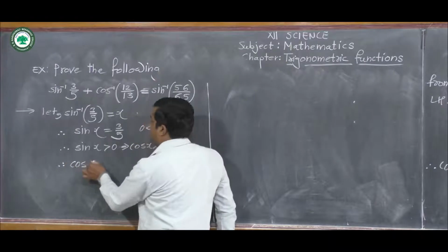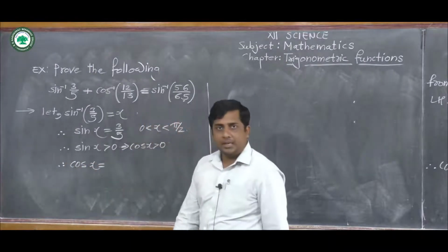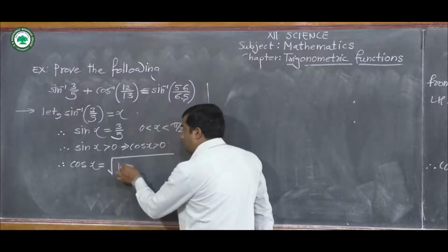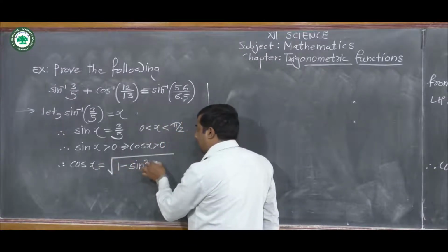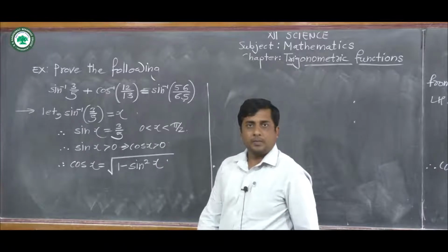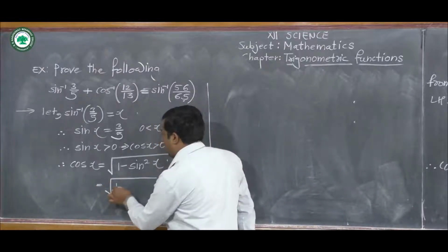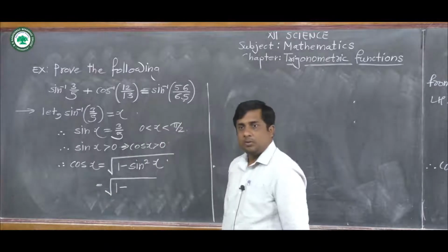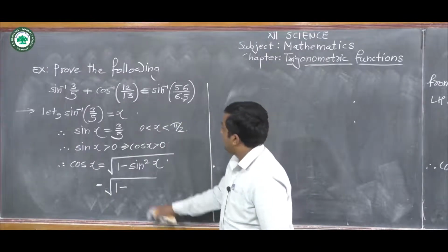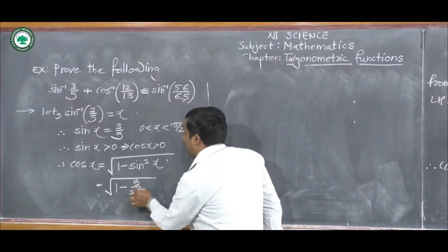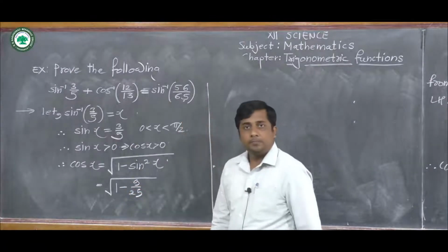By using our first fundamental identity, cos x is equal to the square root of 1 minus sin square x, which is the square root of 1 minus, we know sin x is 3 upon 5, so its square is 9 upon 25.